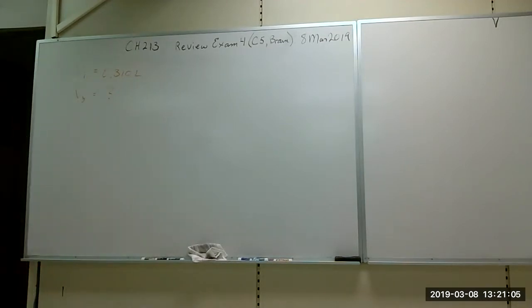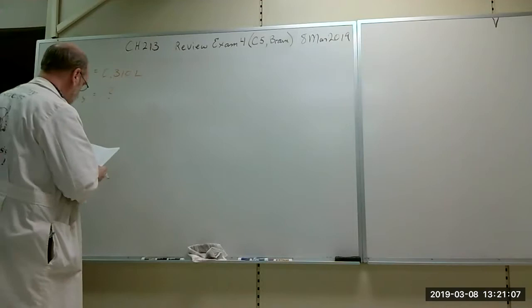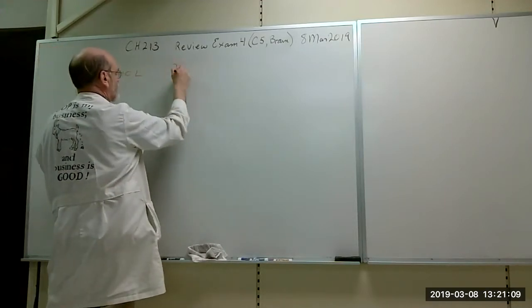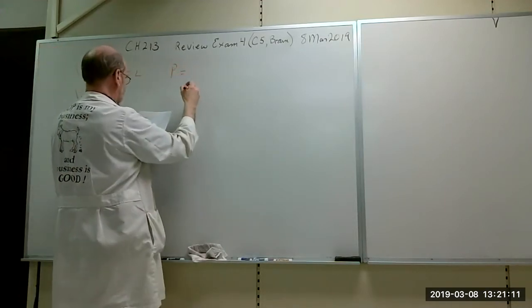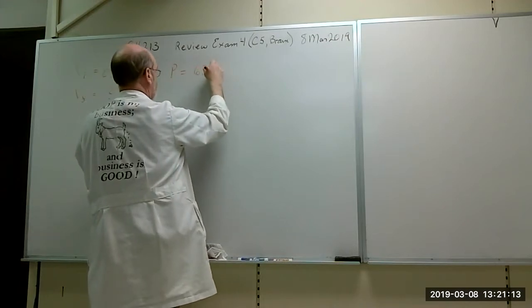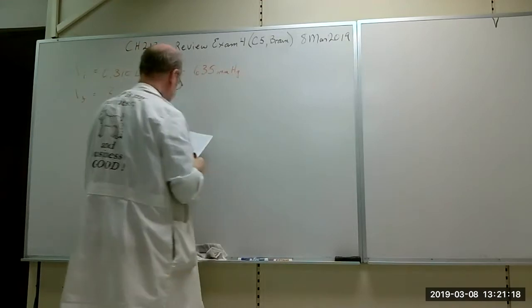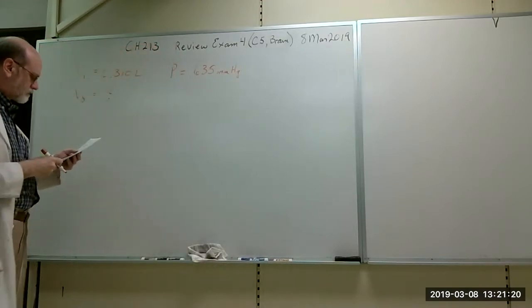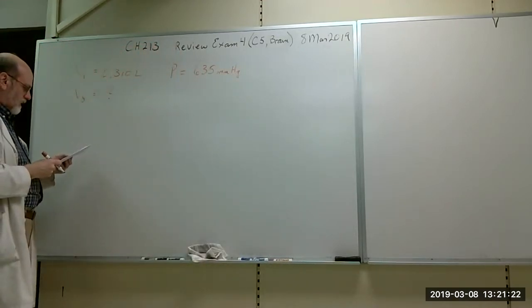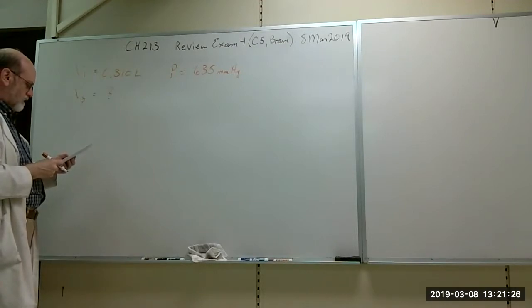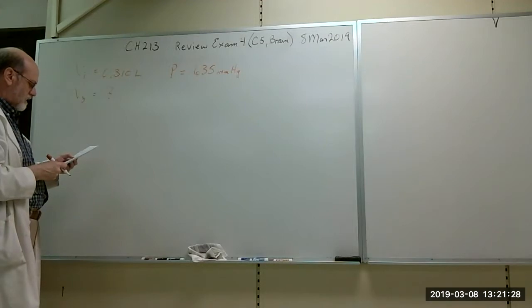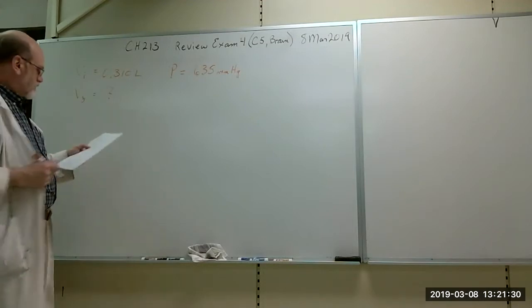To what volume will it expand? And we know the constant pressure is going to be 635 millimeters of mercury. We need a conversion factor.